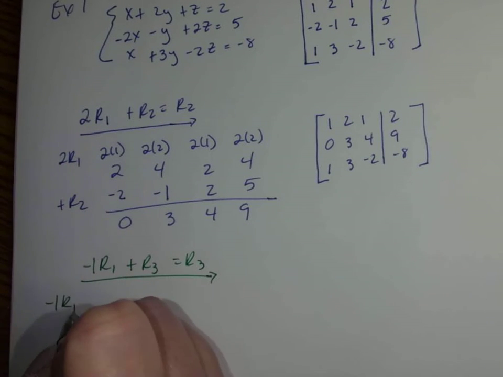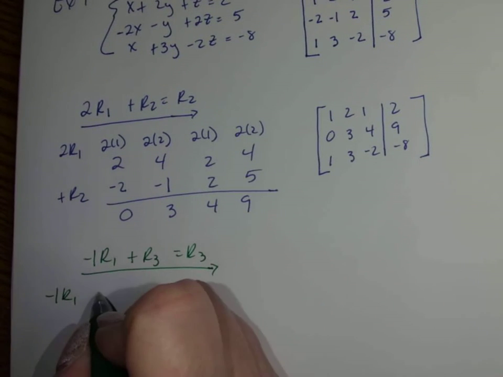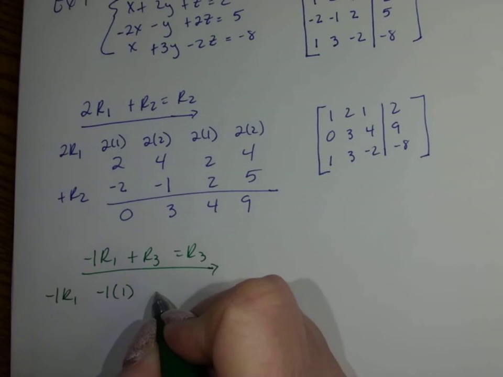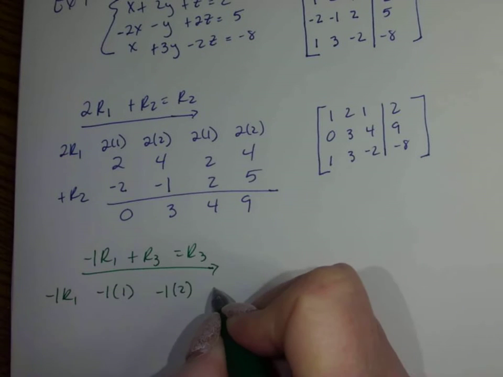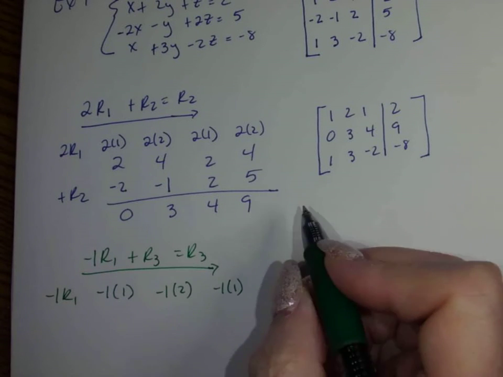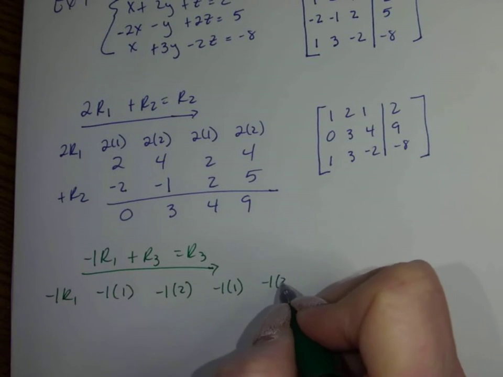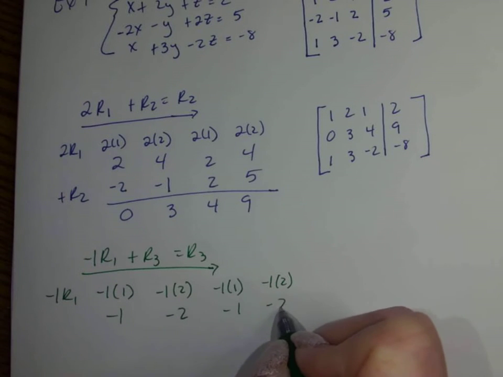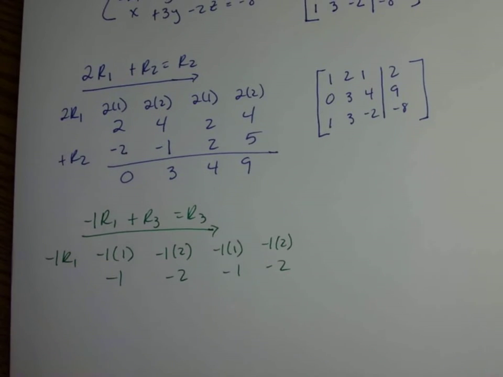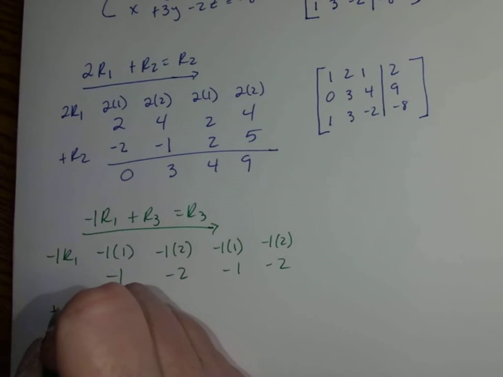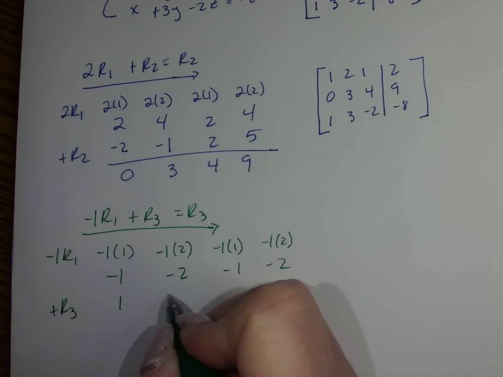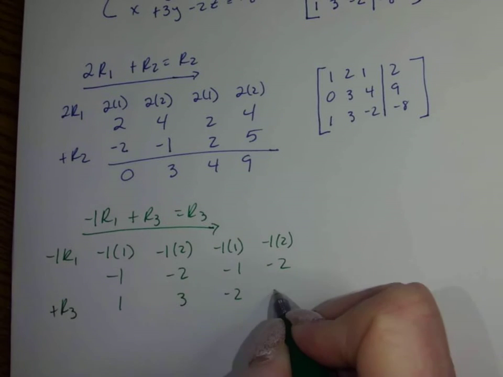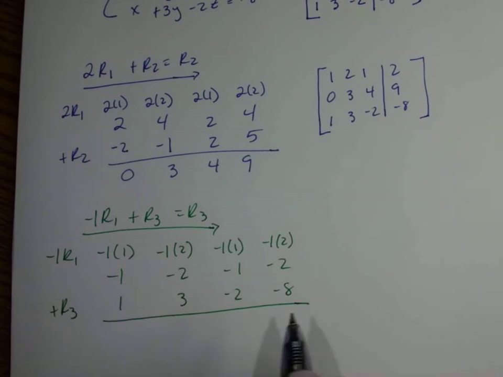So negative 1 times row 1 will be negative 1 times 1, negative 1 times 2, negative 1 times 1, and negative 1 times 2. That gets us negative 1, negative 2, negative 1, and negative 2. And then we will add our row 3, which is 1, 3, negative 2, and negative 8.